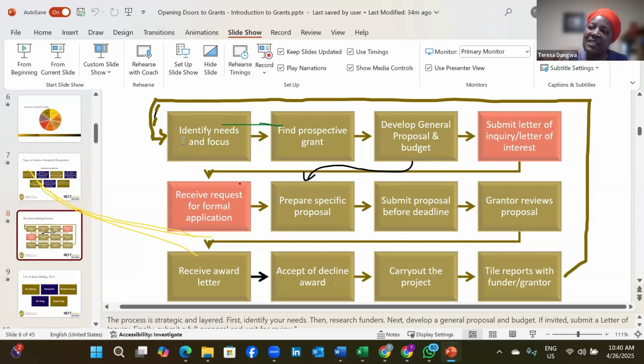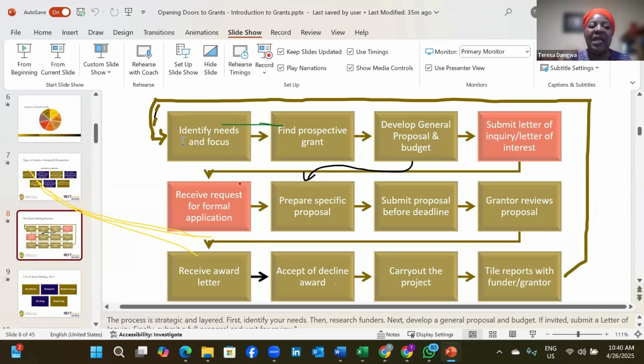You prepare this specific proposal based on what the funder is asking you to do. So in other words, you must read. One of the things that most people don't do is read what the funder is asking for, and they just assume that this is what they are going to do. They just see they are giving wheelchairs, so let me apply for wheelchairs, without actually reading whether you meet the criteria and what it is that they're asking you for.